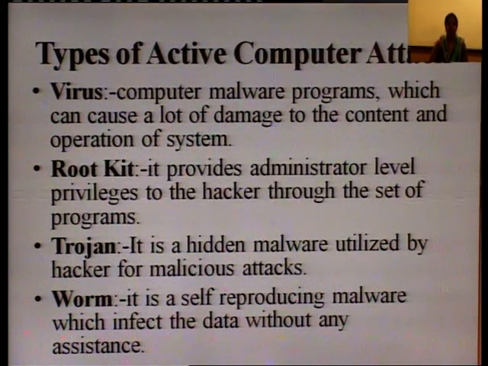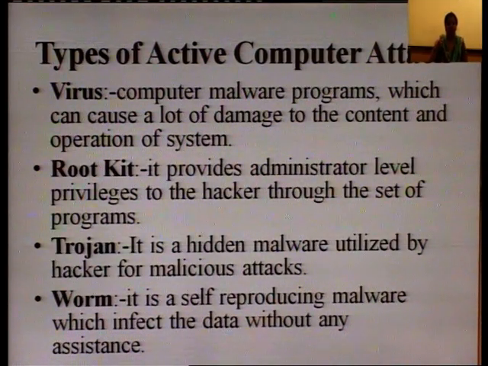The next is Rootkit. Rootkit provides administrative level privileges to the hacker through a set of programs. The name is derived from the root directory in Unix. It is also a virus that affects the root directory of the Unix system.